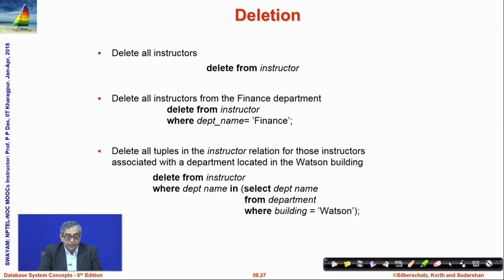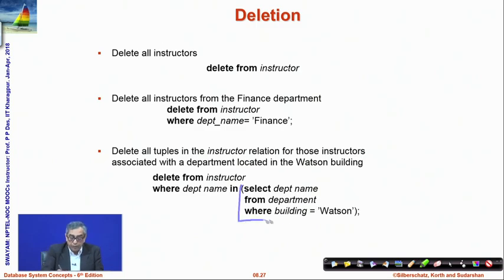The third example shows delete all tuples in the instructor relation for those instructors associated with departments located in the Watson building. A Watson building may have multiple departments. So, all instructors who work in those departments which are located in the Watson building, you remove.